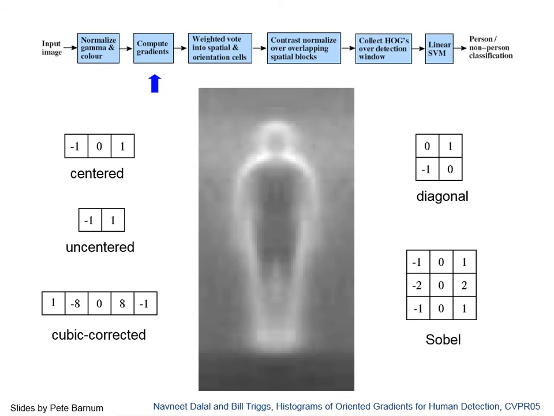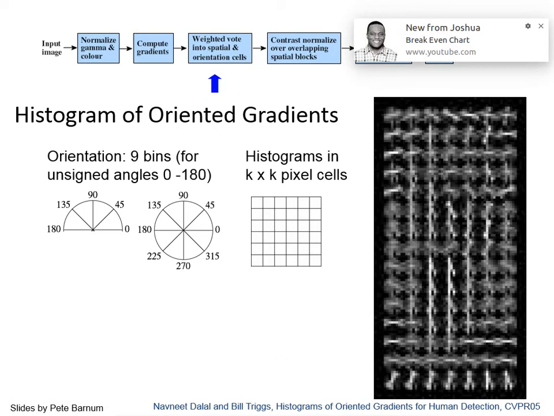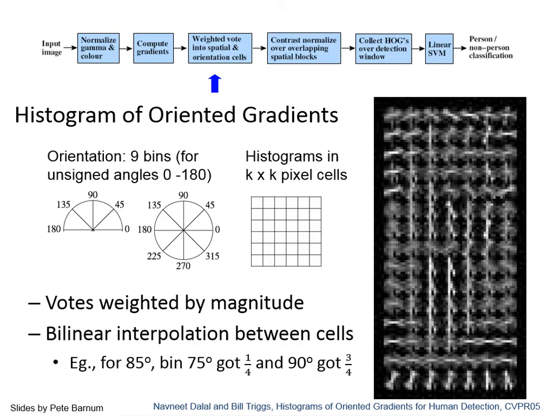And then, of course, to compute HOG, you need to first compute the gradient, right? So you compute the gradient image, and afterward you compute the HOG. In that case, they use an unsigned HOG, in the sense that the angle is not from 0 to 360 degrees, but just 0 to 180. And then it has basically 9 different bins there, voted by magnitude, as what you guys did in the homework also.